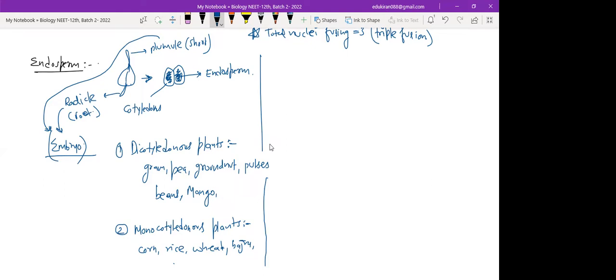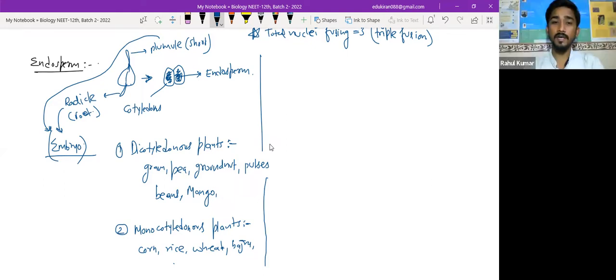Why not carbohydrate? Because all the endosperm, all the starch is used when the embryo is developing, when the plant is developing. So the only thing left is protein. Make sense? You can write it somewhere. Is it clear?